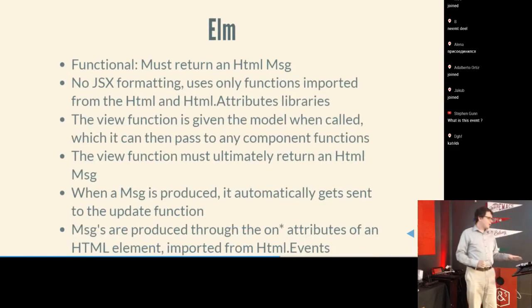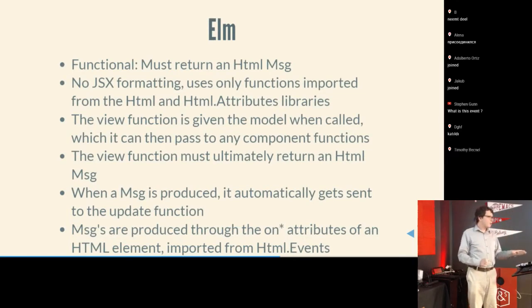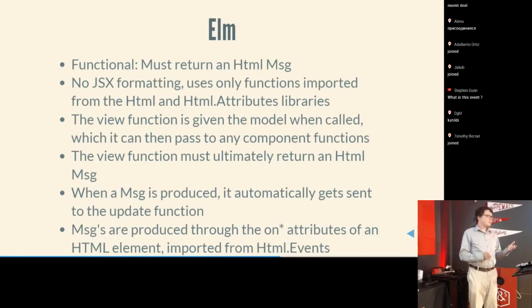In Elm, though, all components are functional, and components are basically functions that have to return an HTML type with a subtype message. There's no JSX formatting. It uses only functions imported from the HTML library and attributes imported from HTML.attributes.